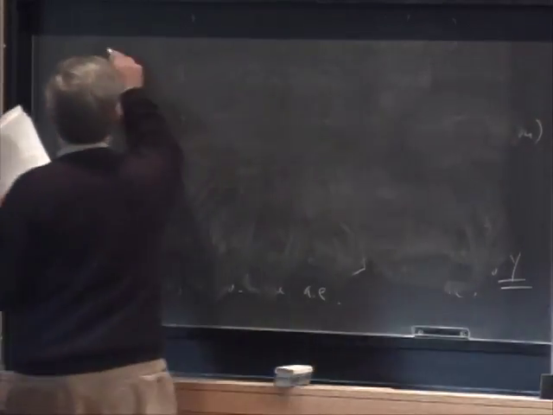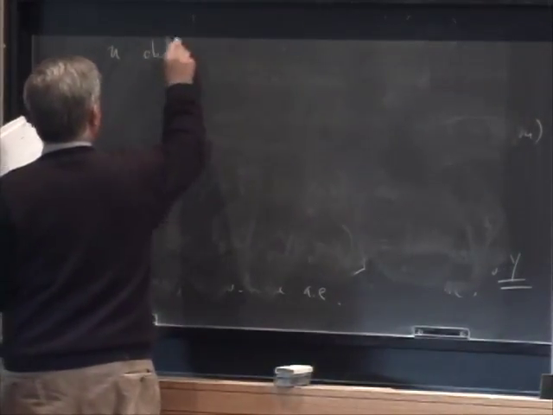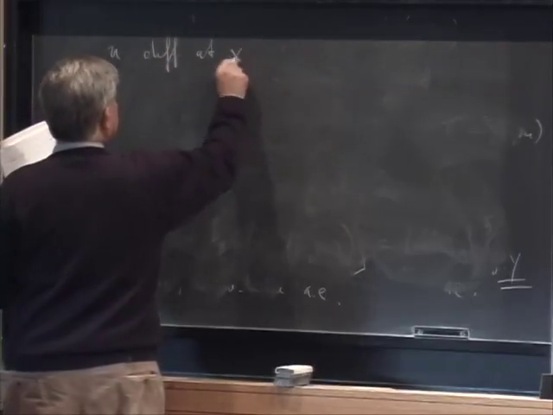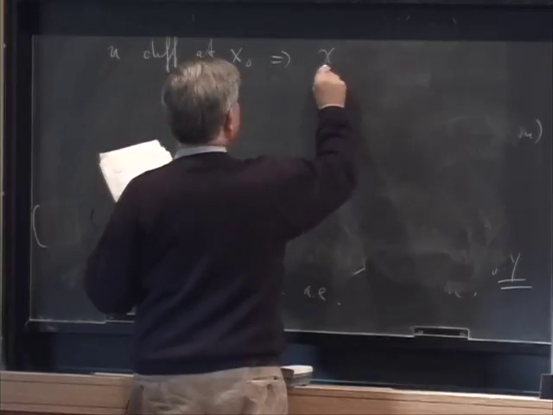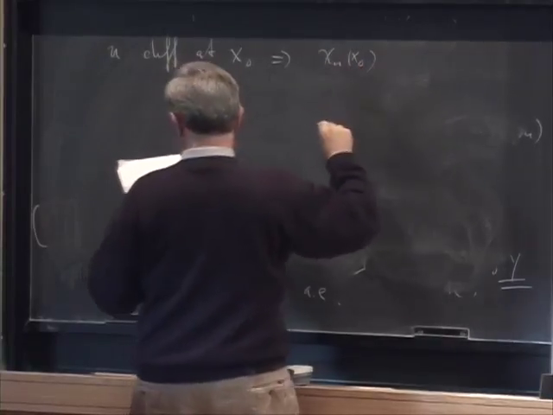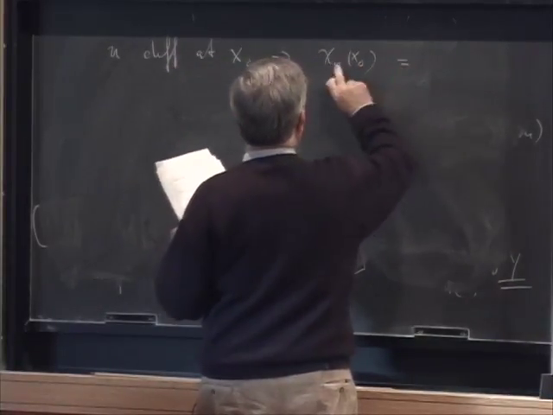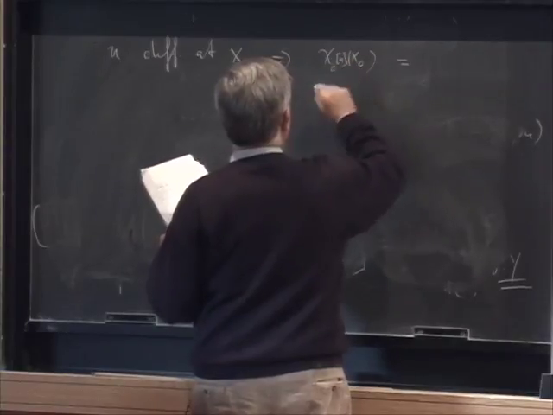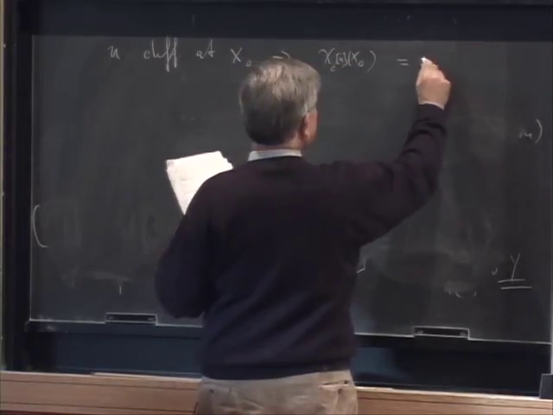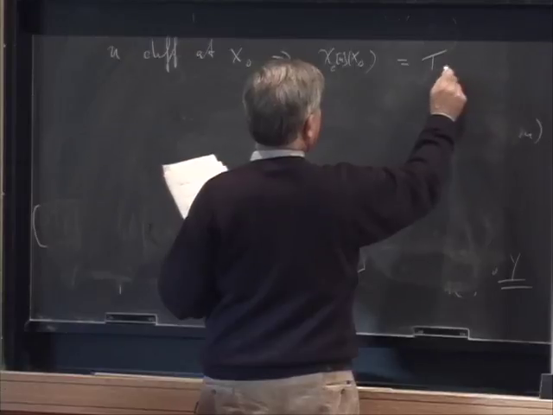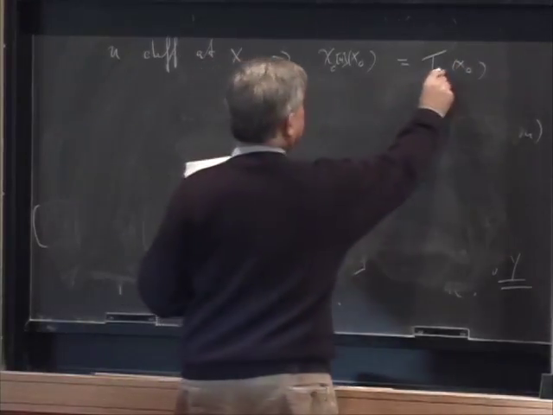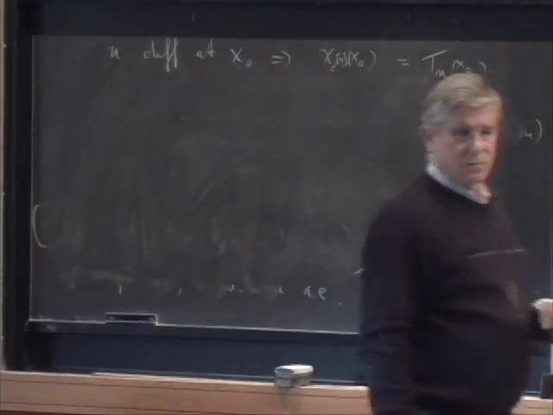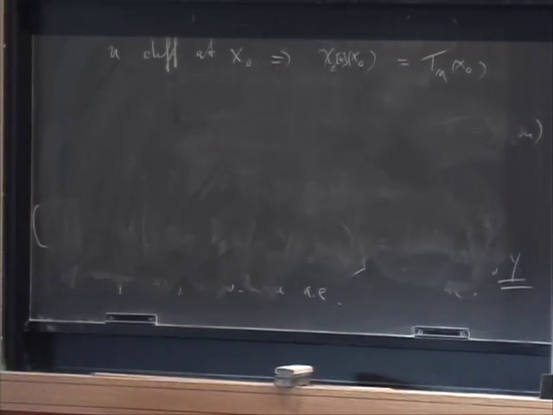And if u is differentiable at x0, this would imply, of course, that χ_c u at x0 is just my mapping T at x0, that is, Y of x0, Du of x0.